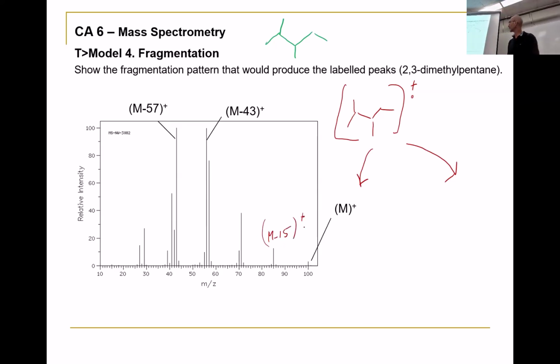So we're starting at 100 and down to 85. So that would be losing a methyl group here, let's say, or a methyl group there. But we want to explain the m minus 43 or the m minus 57. And actually, it would be breaking the same bond to explain both of those. Which bond? The one that's holding the two together.